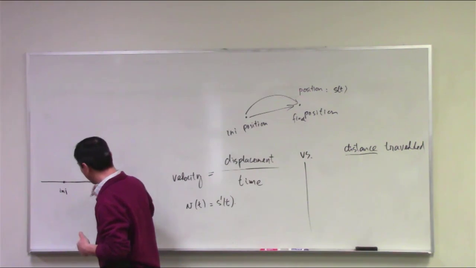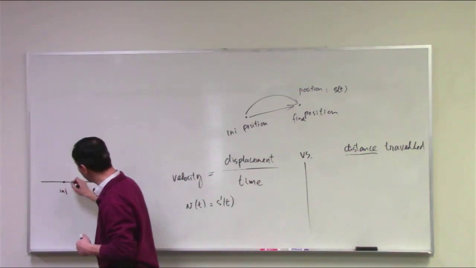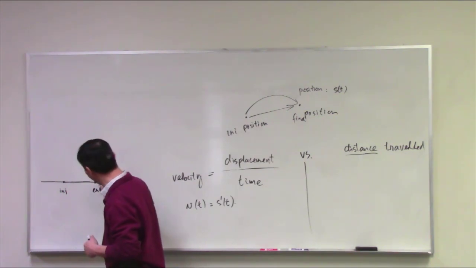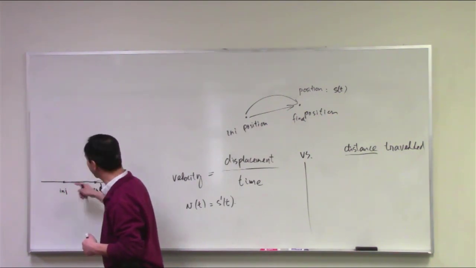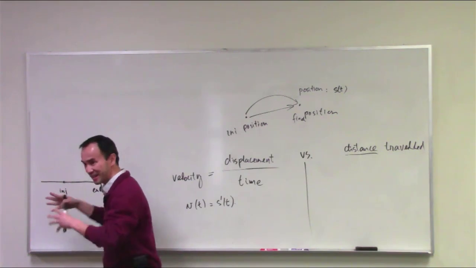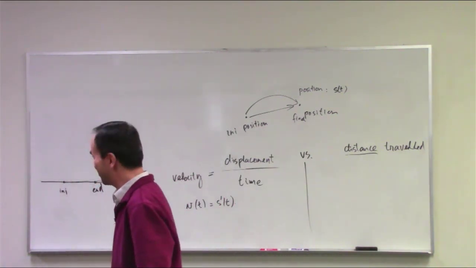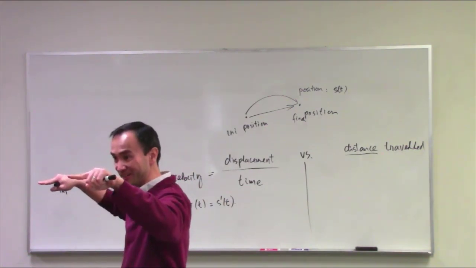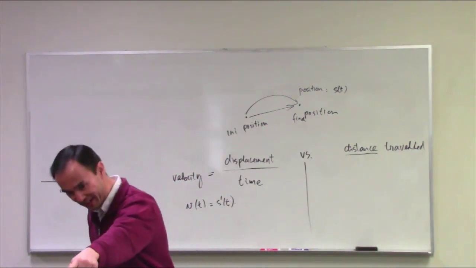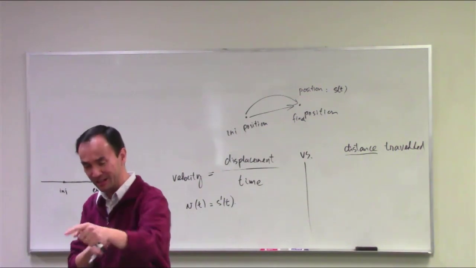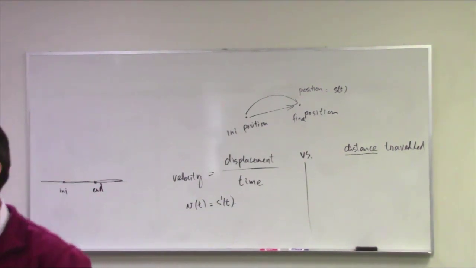But as far as the path that you have gone, you may have gone all the way past that point and come back. See what I'm saying? So the total distance you have gone is not exactly the same as the displacement. The total distance that you travel, even on a straight line like that, there's a point here, and the end of that table, I may walk way past.